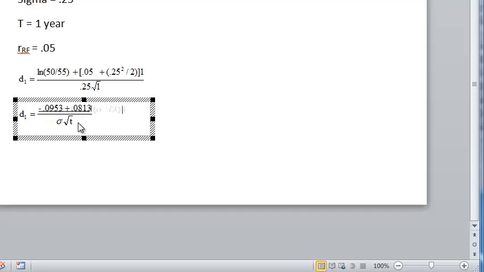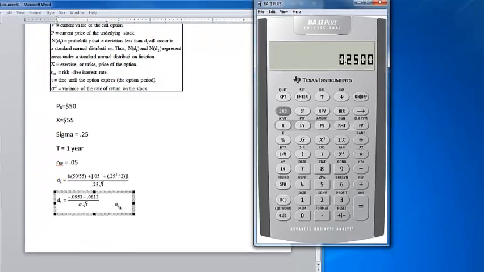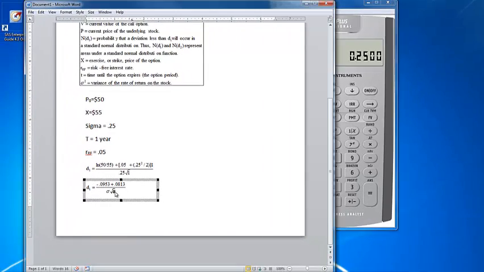And then the denominator is sigma, or the volatility, multiplied by the square root of time. The square root of 1 is 1, so we don't need to do anything there. That's 0.25.